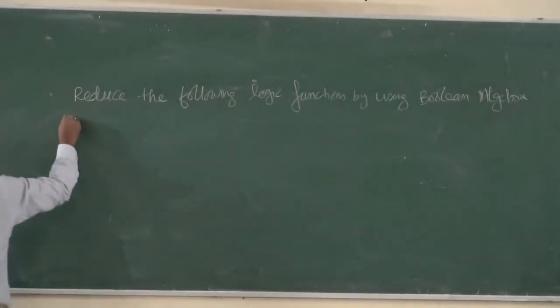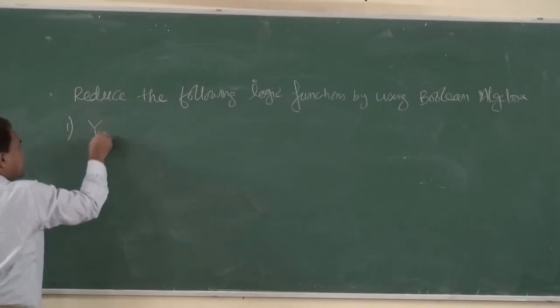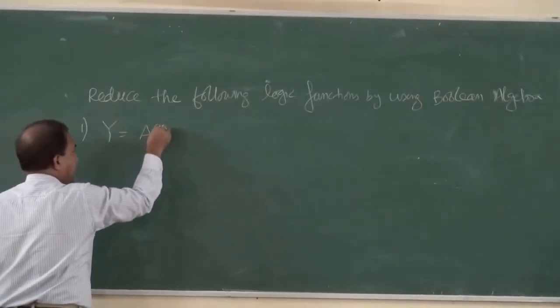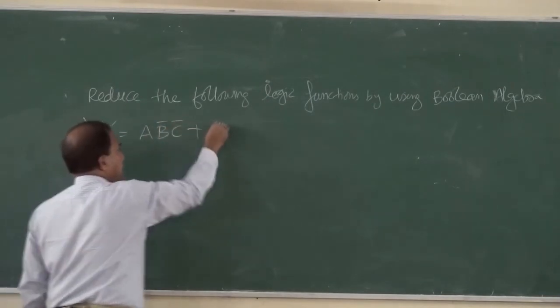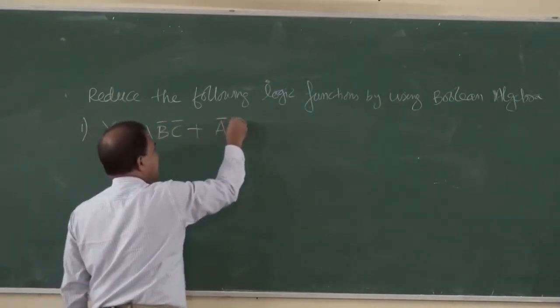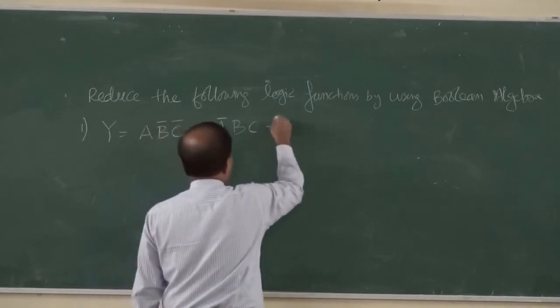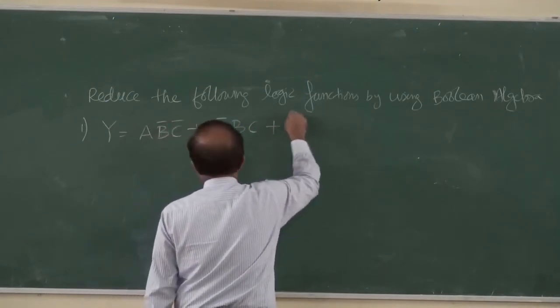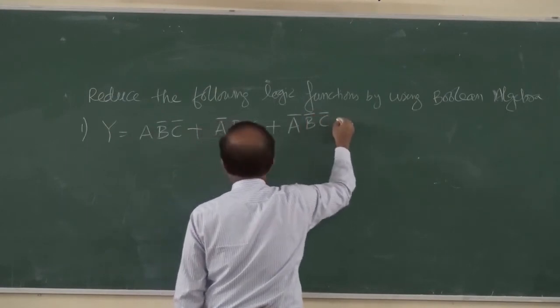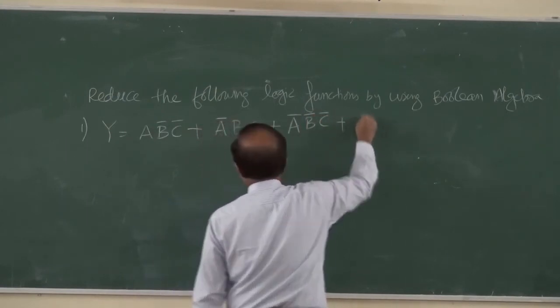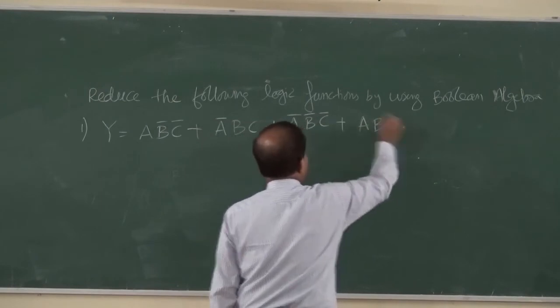First is Y is equal to AB dash C dash plus A dash BC plus A dash B dash C dash plus ABC.